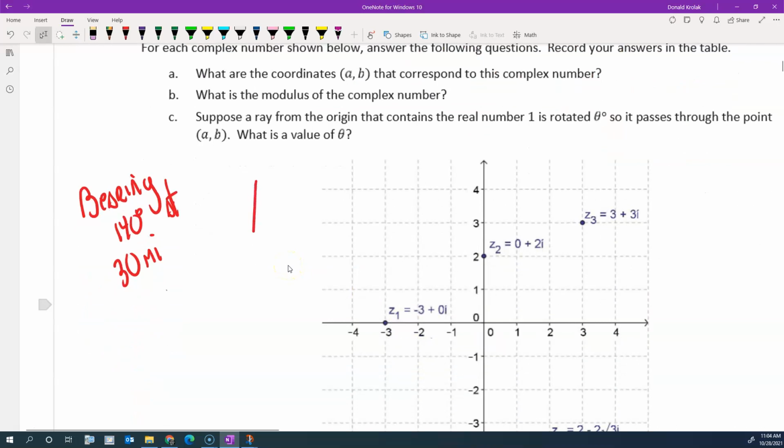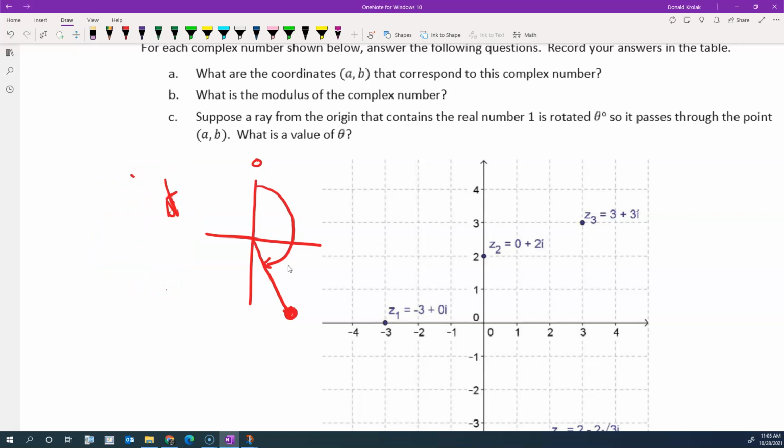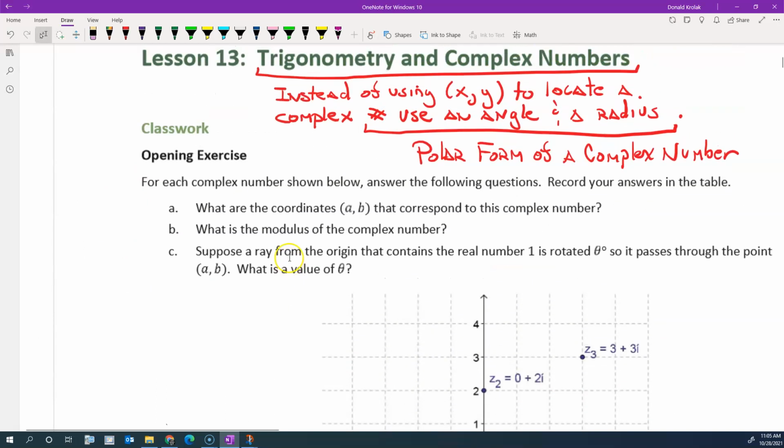A bearing of 140 degrees, you start up here and you go this way 140 degrees. Then you would draw a line that represents 30 miles, and that's the object. So that's what this means here. That's polar coordinates. You're using an angle and a distance to describe the location of something.